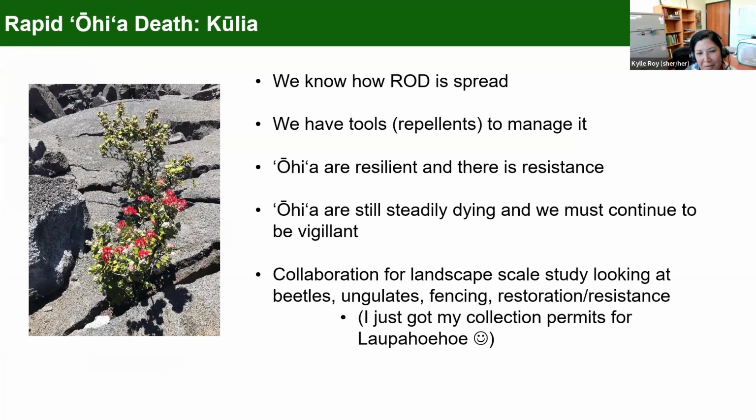And we know ʻŌhiʻa are resilient, and we know that there are resistant varieties. Dr. Mark Hughes is leading a project here at the Forest Service where they are finding ʻŌhiʻa that are resistant to Ceratocystis lukuohia. And actually he's giving a presentation about it next week, I think part of the HiSAM series.